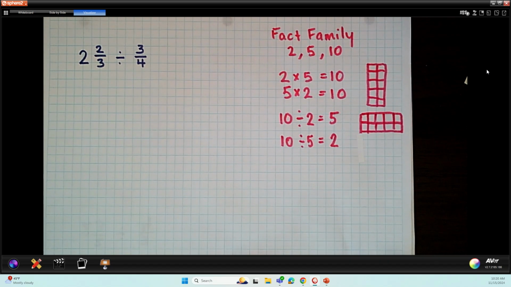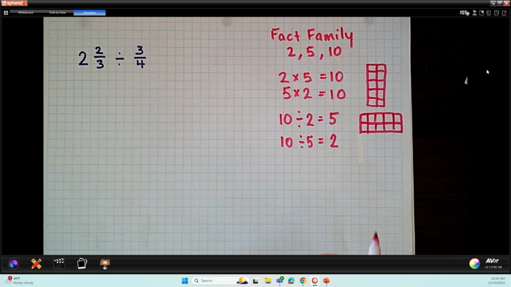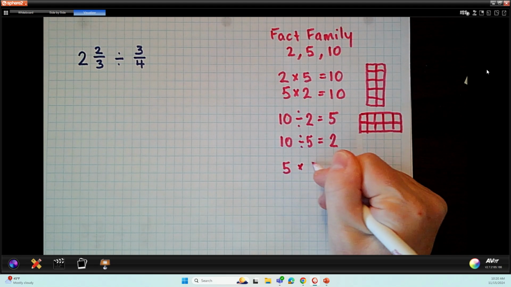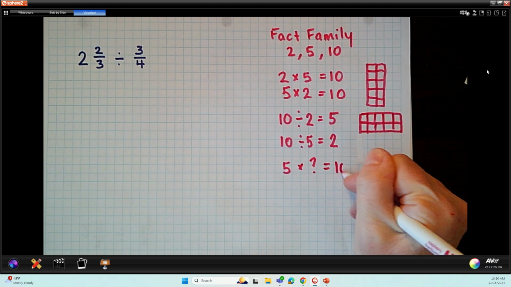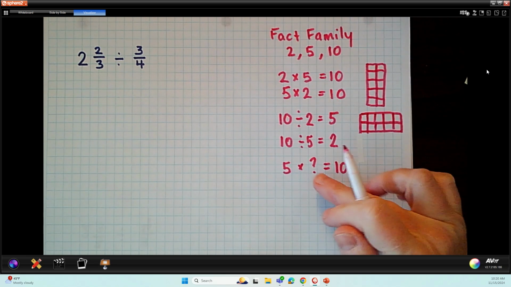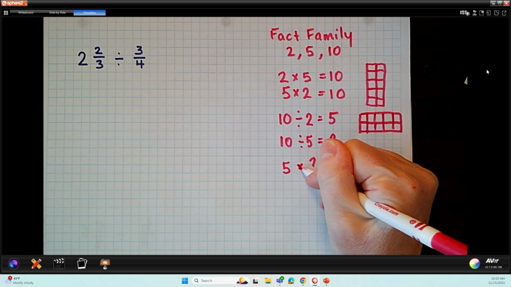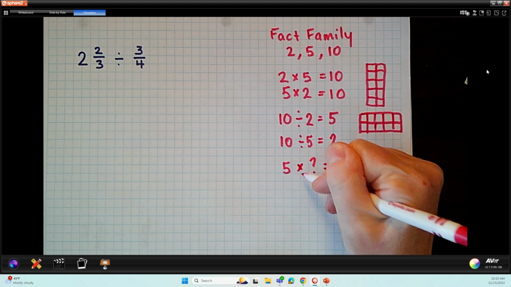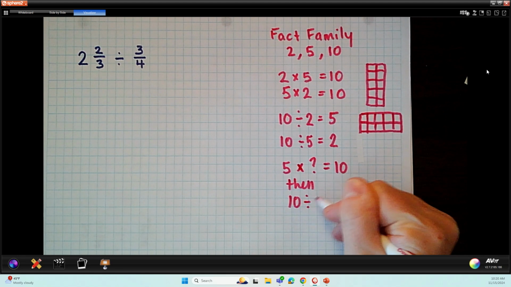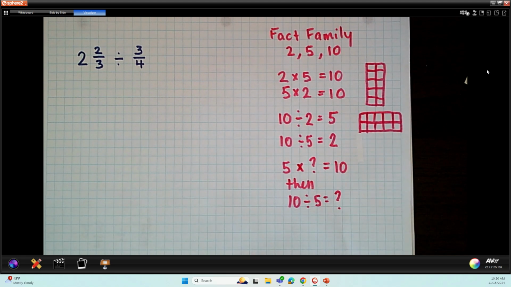This is the foundation for algebra because when students start to work with numbers and they're missing, for example, 5 times what equals 10, then students pull from their knowledge of fact families to say, oh, well, if 5 times blank equals 10, then 10 divided by 5 will give me that blank, okay?